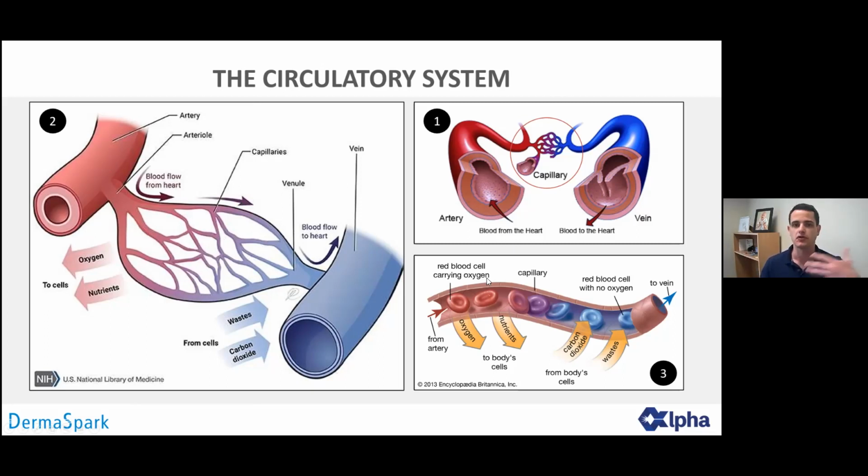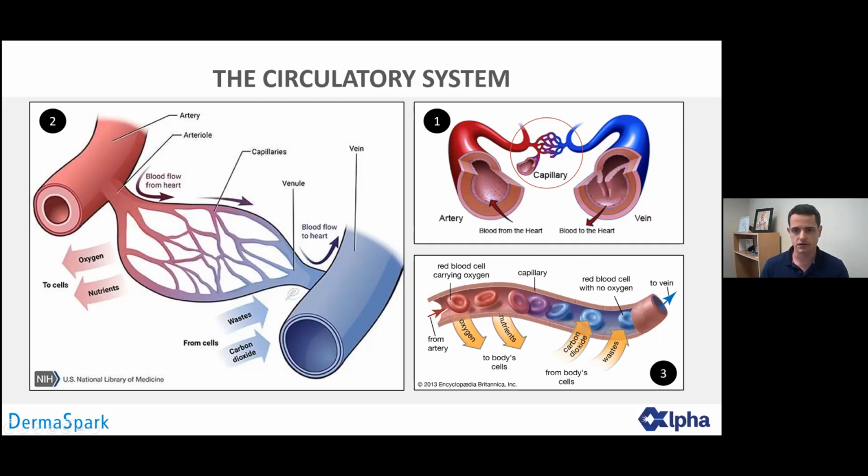So not all the fluids that evade from the capillaries at the arterial end will be reabsorbed at the venule end, and for that reason we have the lymphatic drainage that removes these excessive fluids from the tissues. Okay, but we are not talking about the lymphatic system today. We're only focused on the blood capillaries, the veins, the arterioles, and the arteries.